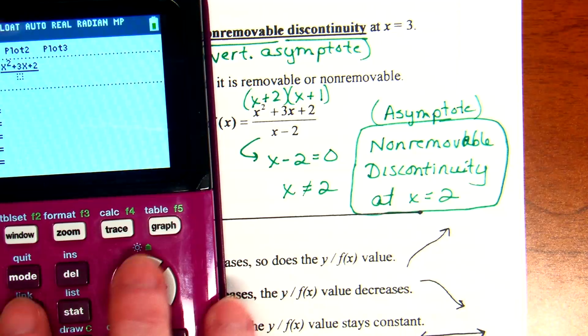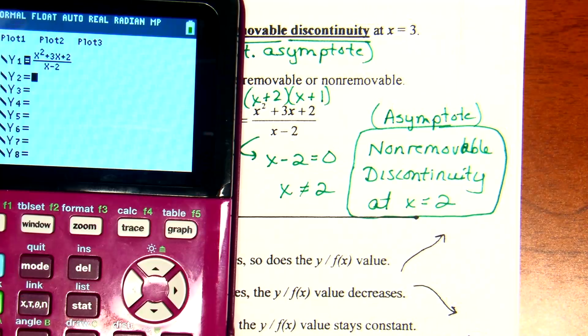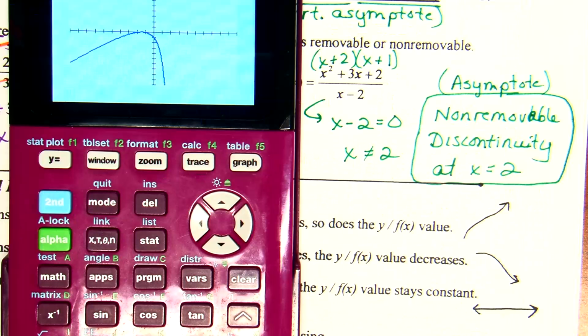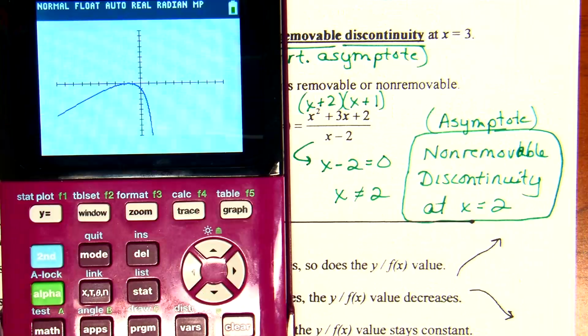If we graph the one we just did, x squared plus 3x plus 2 over x minus 2, I'm going to zoom 6 because I had really zoomed out. It's kind of good to look at the graph here because, okay, this is what my calculator shows.